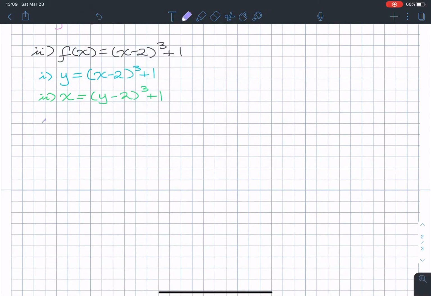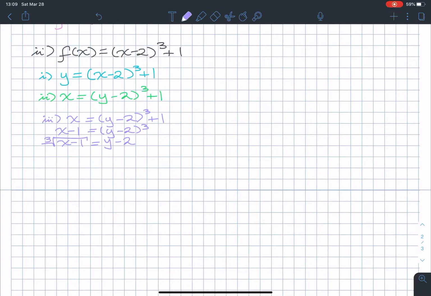Step 3, I solve for y, so I have x is equal to y minus 2 quantity cubed plus 1, so let's subtract 1, so x minus 1 is equal to quantity y minus 2 cubed. Now let's take the cube root of both sides, so the cube root of x minus 1 will be equal to simply y minus 2.